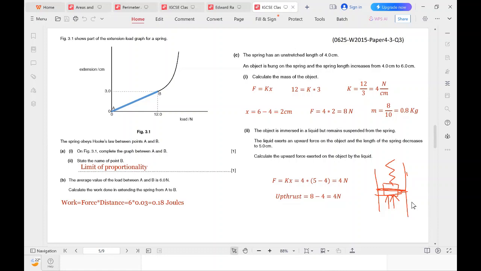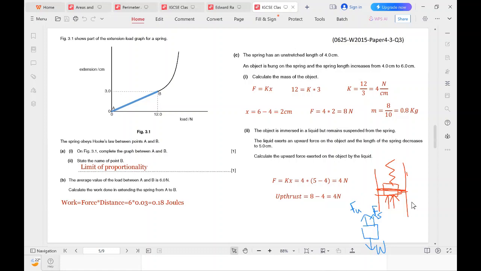Let's write down all the forces acting on this object. It has a weight pulling it downwards, it has an upthrust force, which we call FU, and it also has the spring force. For the spring, we already know the K is 4. To get the force by the spring, we say that F equals Kx again, and we want to find the extension.